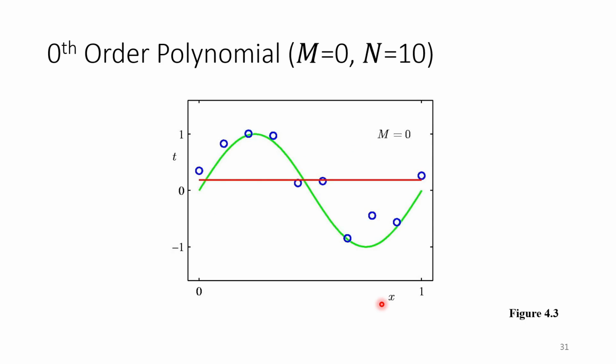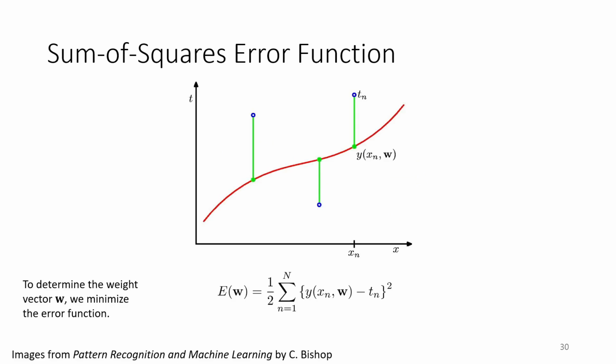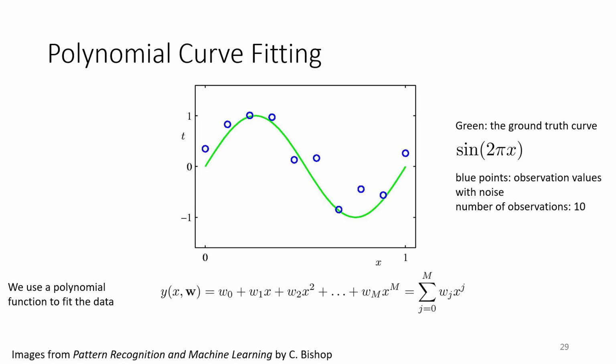So for this case, this is a zeroth order polynomial. It means our M is 0. Let's go back to this equation. If our M is 0, then we won't have those terms.